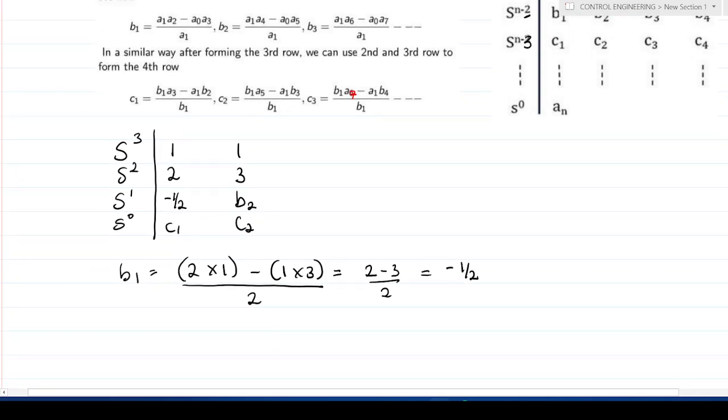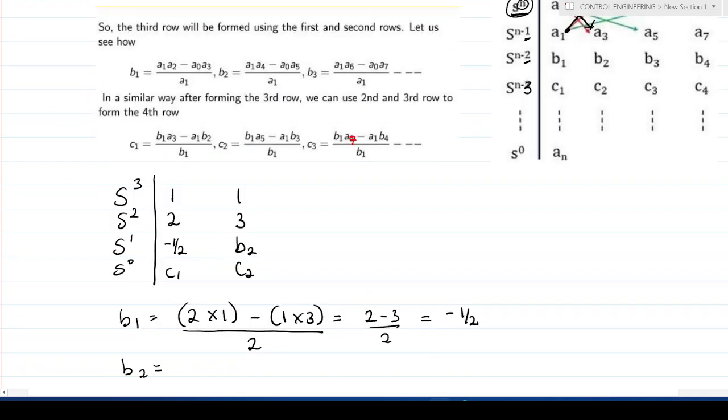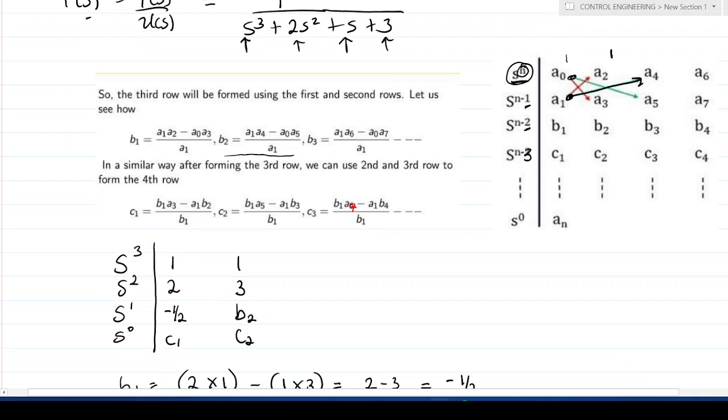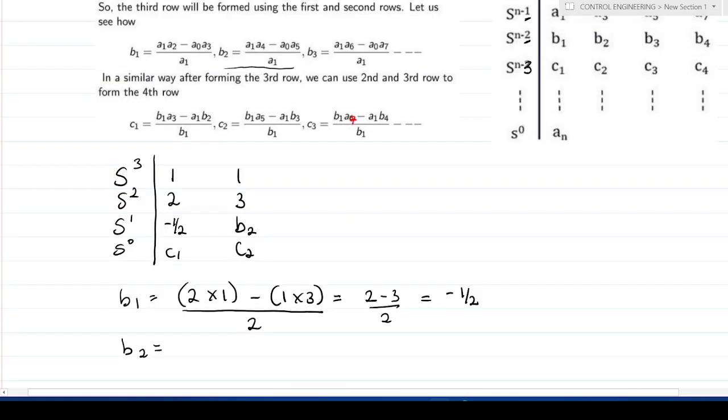Now next, let's find b2. b2 is a1 times a4 minus a0 times a5, all over a1. It can be seen from our table that we have no values here, so we're going to take them as 0.